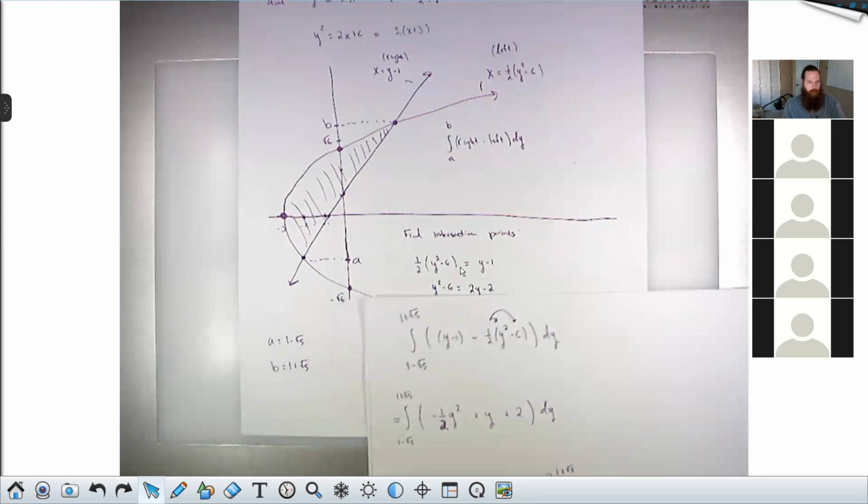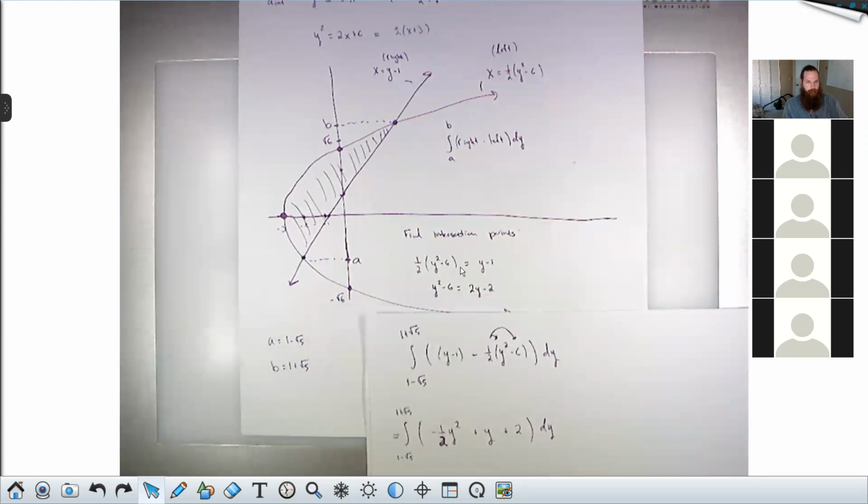Let's do it like this. If the line was sloped the other way, say still had a y-intercept of 1 but ran like this, the line would still be the rightmost function.